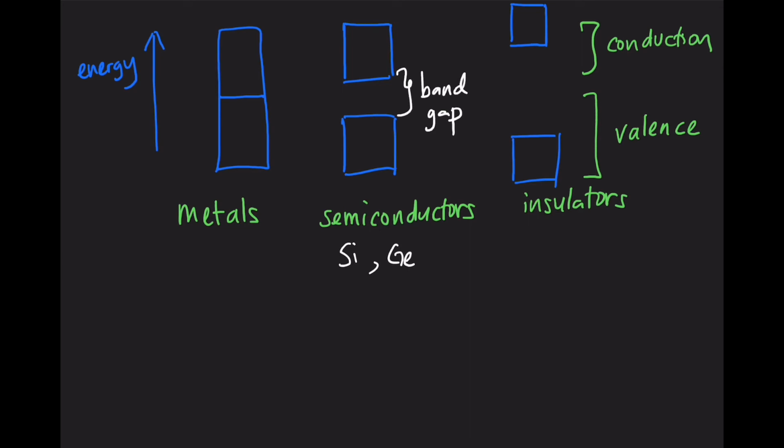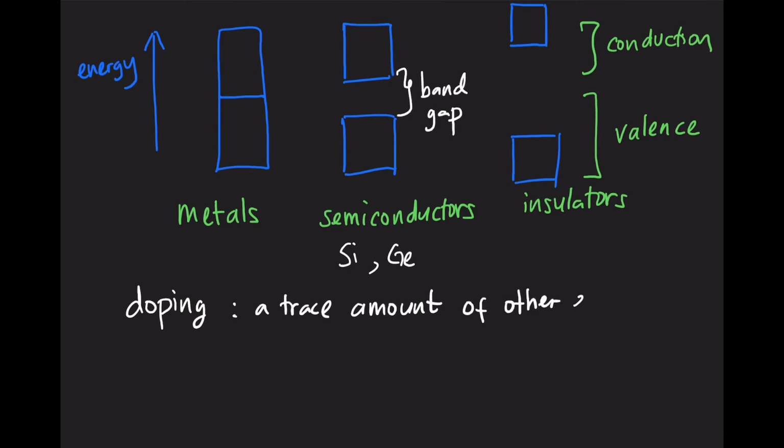Another way to help the electrons jump from a valence band to a conduction band is by doing what we call the doping technique. It is adding a trace amount of other materials or other elements into a semiconductor.